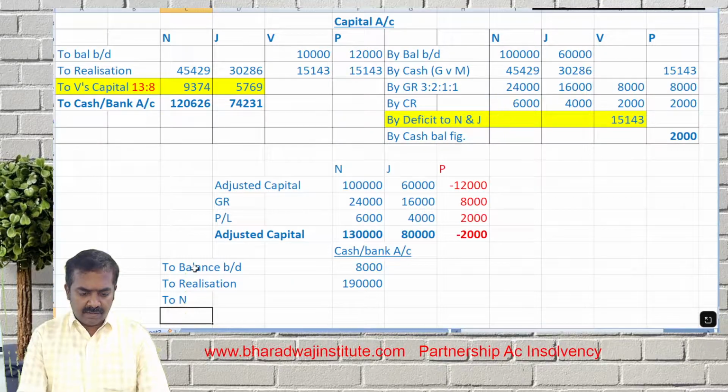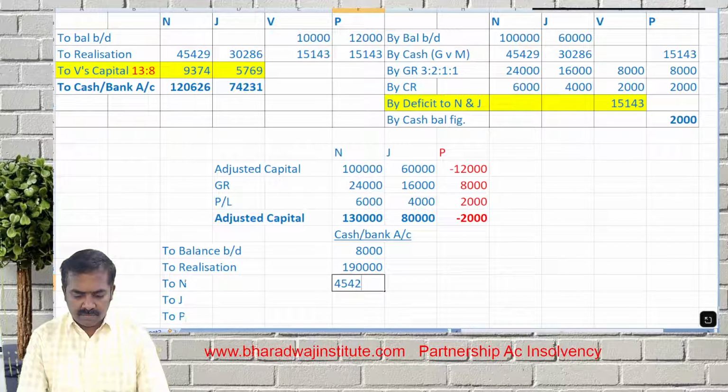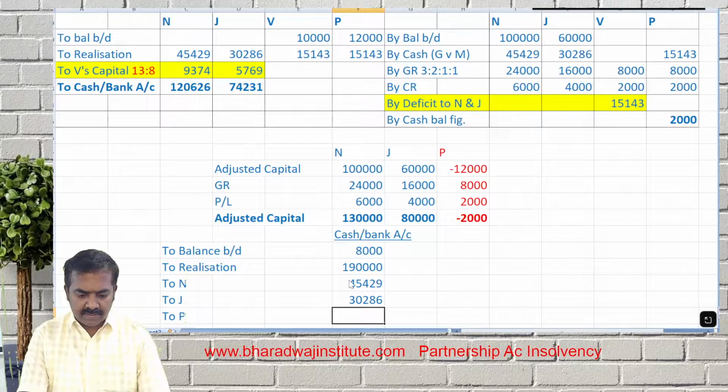To N, to J, to P. And the Garner versus Murray amount brought in, 45, 80,286.